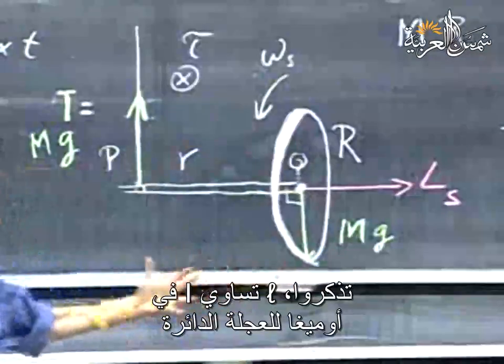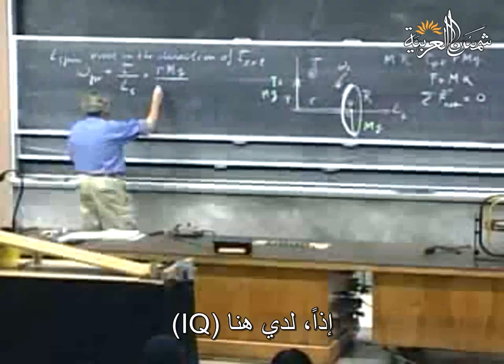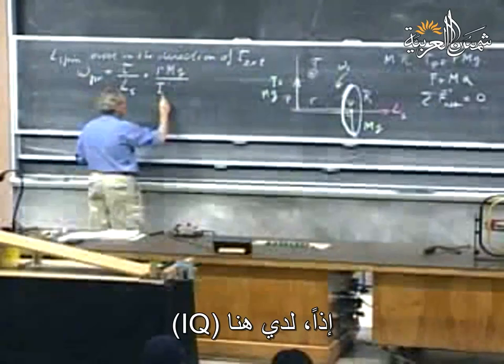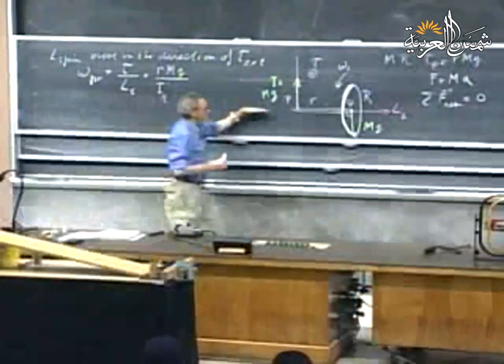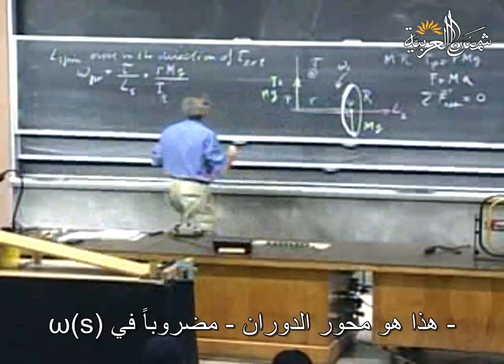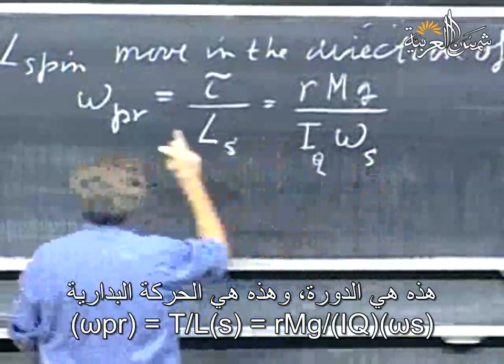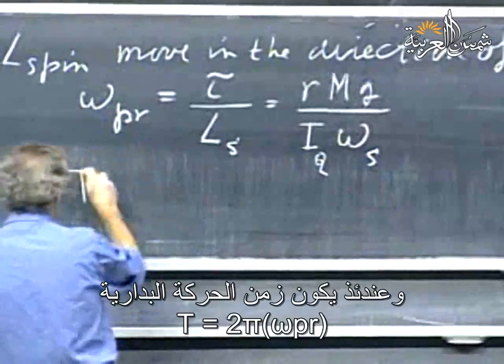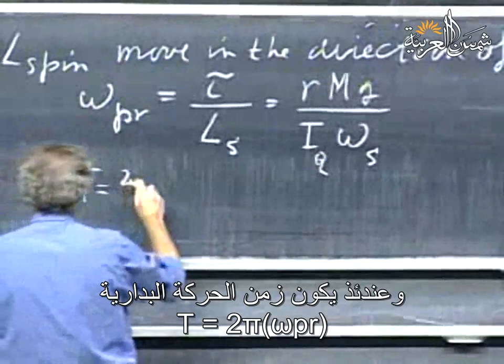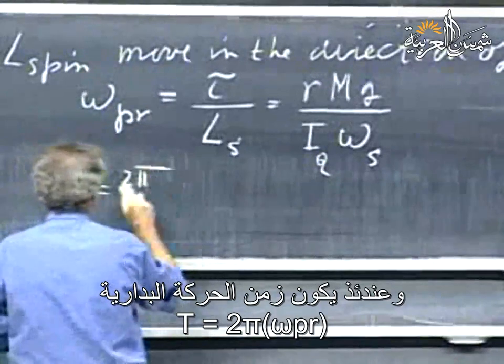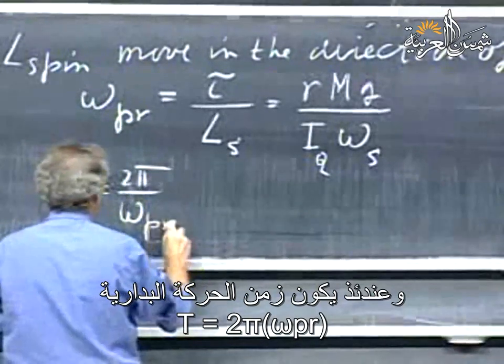Remember, L is I times omega of a spinning wheel. So I have here I rotating about point Q, this is the axis of rotation, times omega of the spin. This is the spin, and this is the precession. And then the period of precession would be 2 pi divided by omega precession.